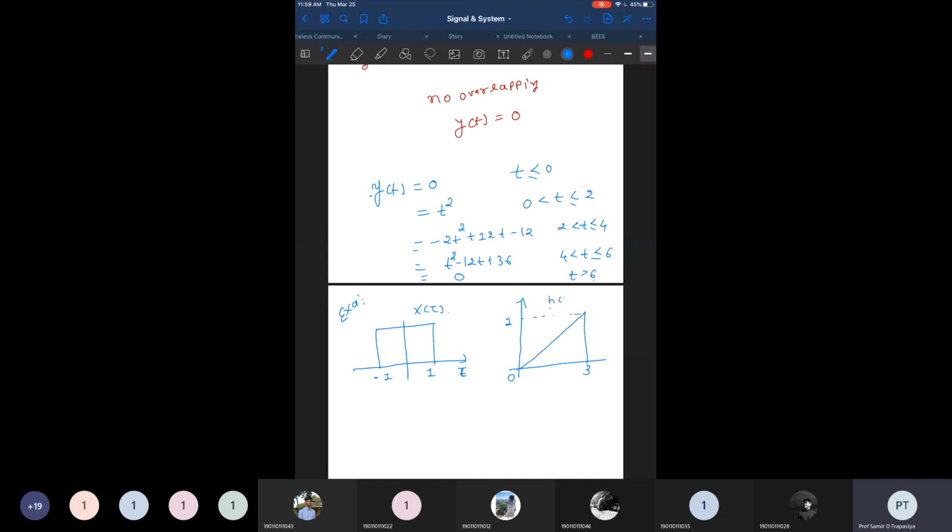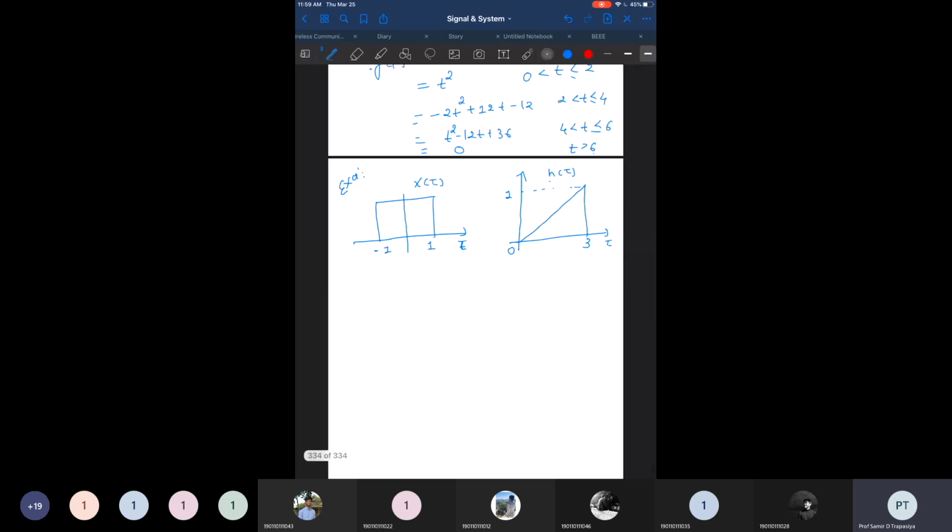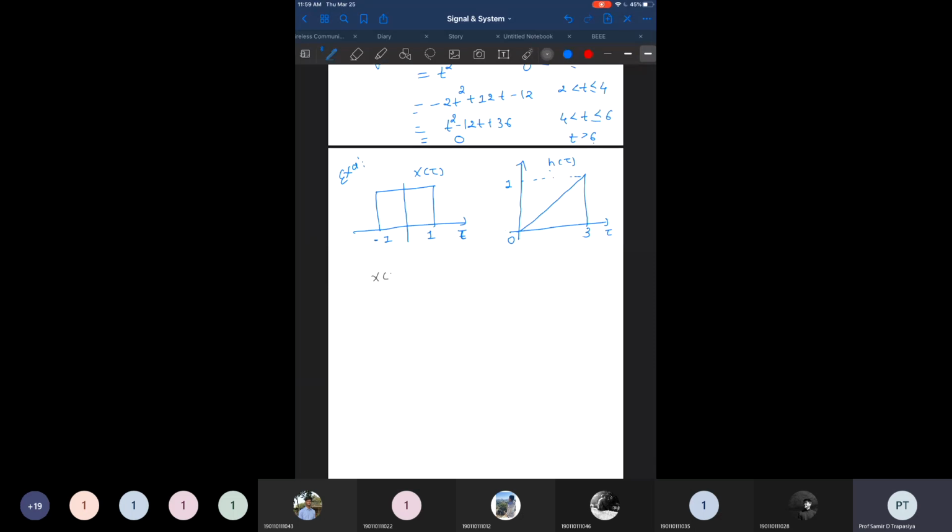And the function h of tau is a positive going ramp starting from 0. So what is the slope? Slope can be easily identified. Vertical movement is 0 to 1, so y2 minus y1 would be 1, and x2 minus x1 would be 3. So the equation is the initial point, which is 0, plus the slope multiplied by tau, where the slope is y2 minus y1 divided by x2 minus x1.